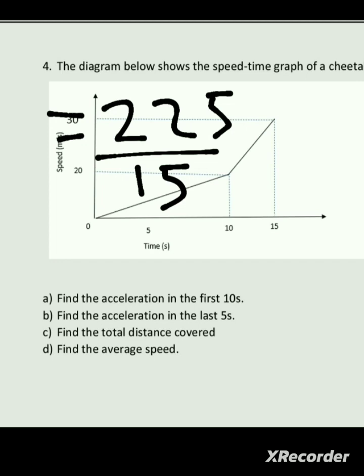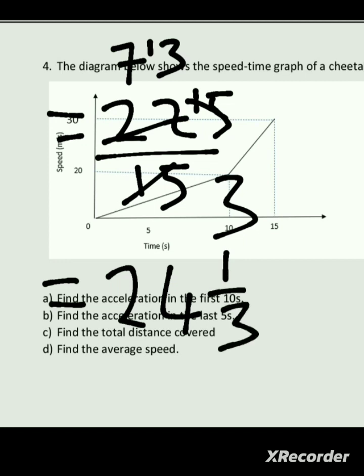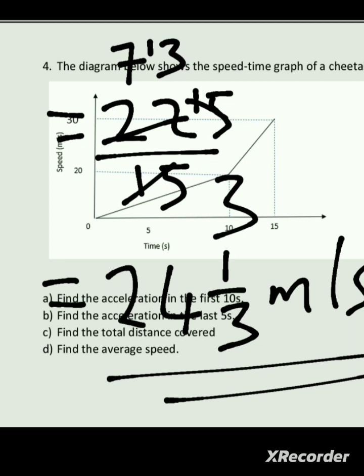Does 15 go into 225? If we're not sure, we can start with 5. 5 into 15 is 3. 5 into 22, 7, remainder 1. 5 into 15 is 3. Does 3 go into 7? It doesn't. So 3 into 7 is 2, remainder 1. 2 into 13 is 4, remainder 1 over 3. Meters per second. That's the average speed.